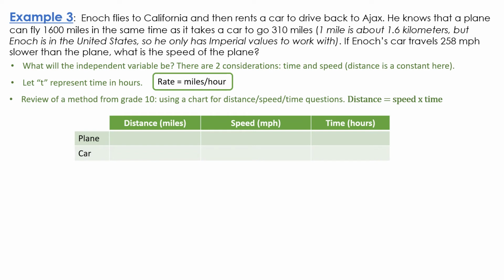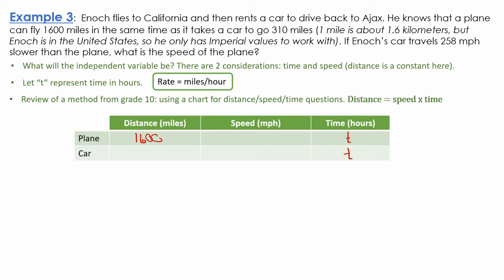Let's fill in some values here. So we already said that T is going to be time in hours. So I'm going to put a T here and here. I don't know either of these. These are both T. Now, what do we know about distance? The distance was given to us in the question that a plane can fly 1,600 miles in the same time.